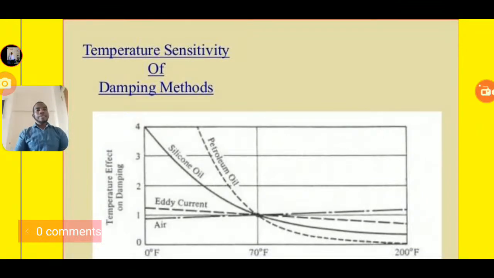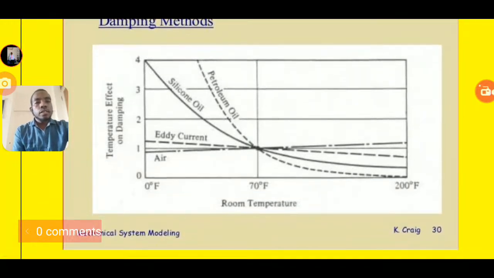Here we can see the damper. So the temperature sensitivity of the damping method. This is the temperature sensitivity graph. There is an X and a Y axis. On the Y axis there is the temperature effect on damping, and on the X axis there is the room temperature, in degrees Fahrenheit.